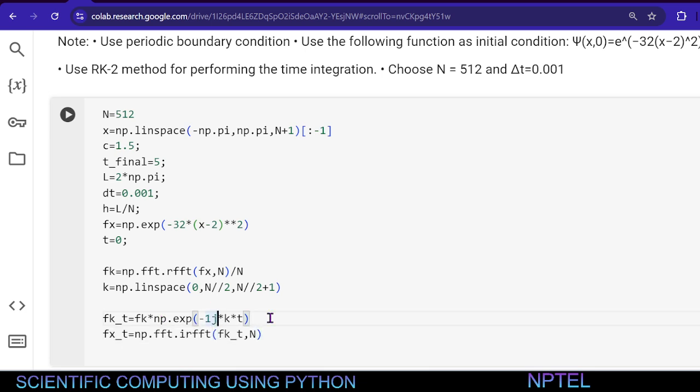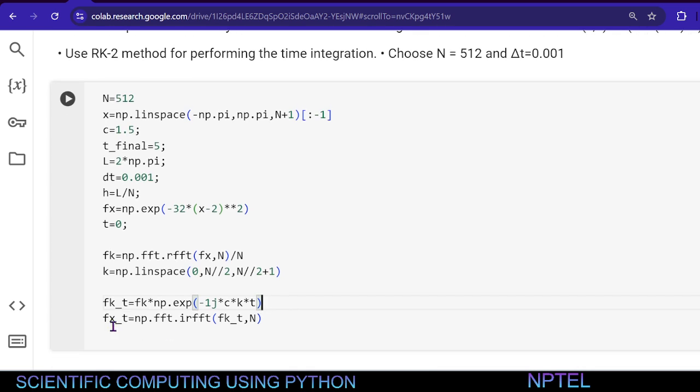This is wrong, this times c, right? And then fxt would be the inverse real Fourier transform of this, and now we need to multiply by n.